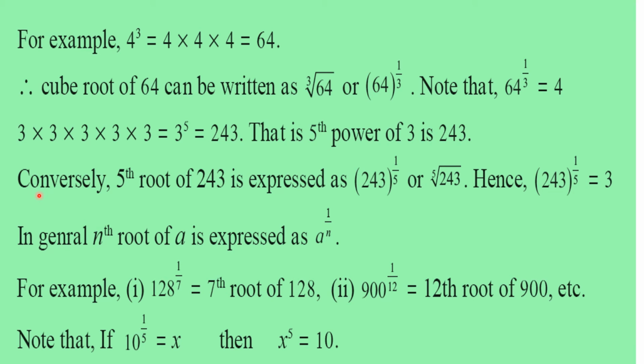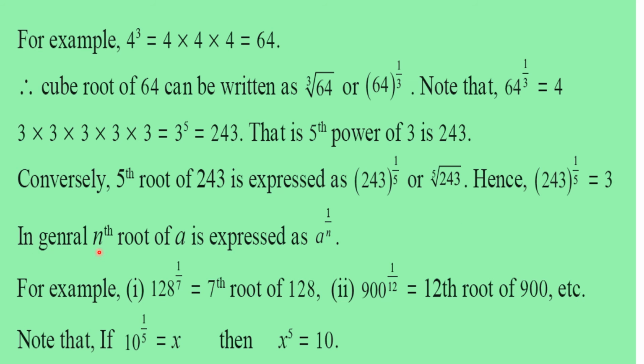Conversely, from the opposite side, fifth root of 243 is expressed as this type. That means the fifth root of 243 can be written in this way. Hence, 243 raised to power 1 upon 5 is equal to 3. That means the answer for the fifth power of 3 is 243. We can write this in the opposite direction also in this way.